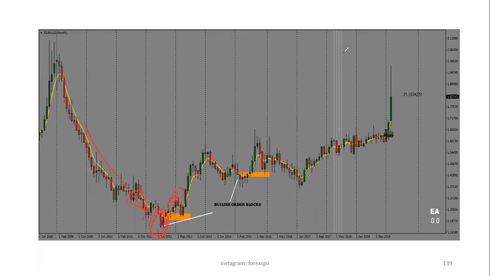We are now very sure that within this last candle is where smart money, who are moving the market, closed their sell orders and opened new buys. This can be reflected by the market trading through this last red candle, and this last red candle triggered a bullish move. Therefore, we call it a bullish order block.